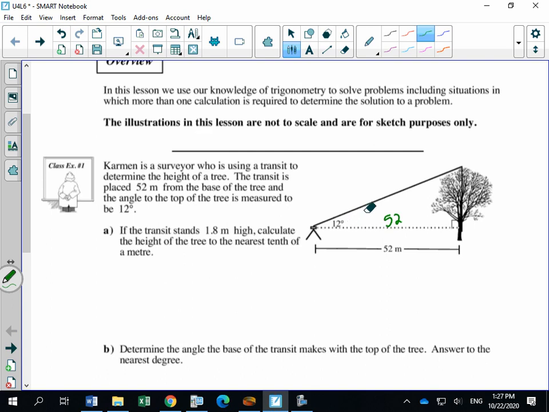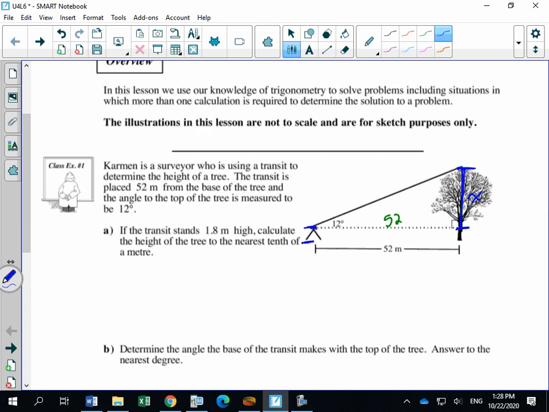Based on just this information, we could use trig to calculate this piece of the tree. Do you guys agree with that? And I could say that that is x. So let's put an x there. But what they are going to ask us for this question is they're going to say, what's the total height of the tree? And in the question, they tell us what the height of the transit is, and they say this little transit is 1.8 meters.